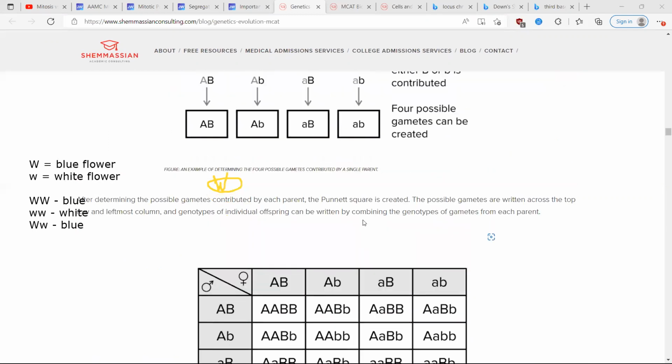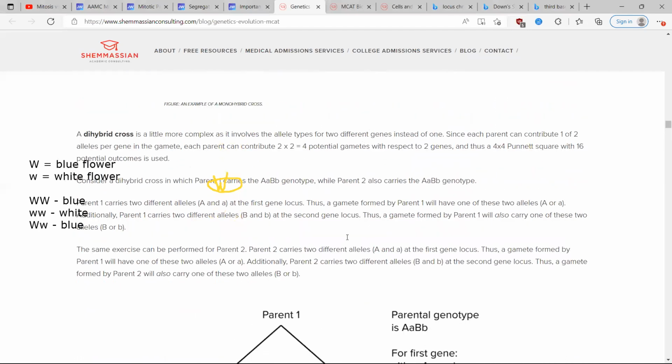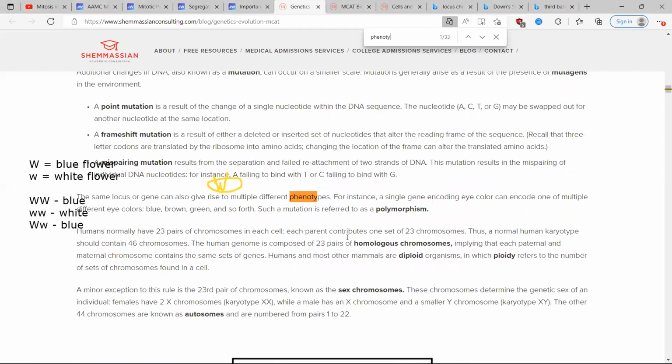And the other thing, where is it? I want to account for phenotypes and genotypes. Phenotype.